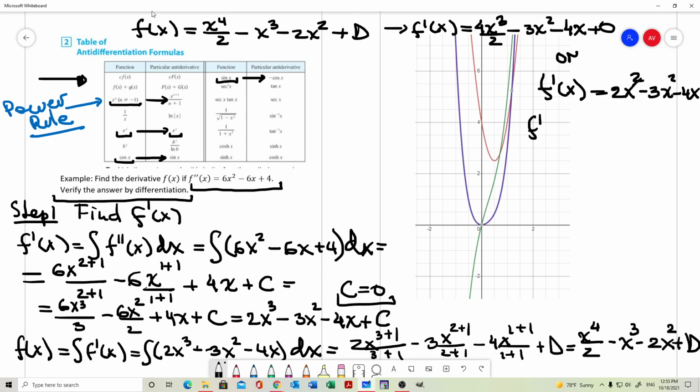And then the second derivative will be equal to 6x squared minus 6x plus 4. And we're back.